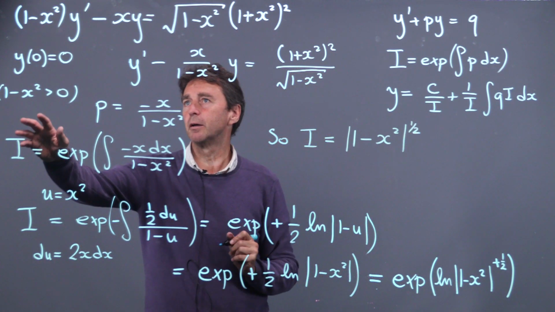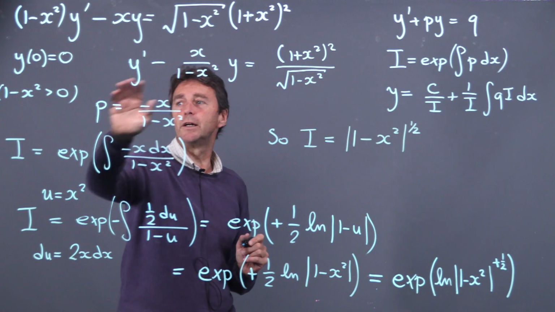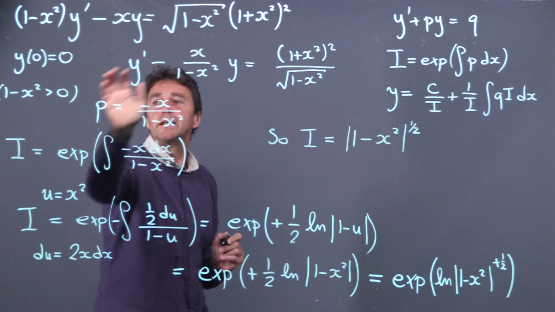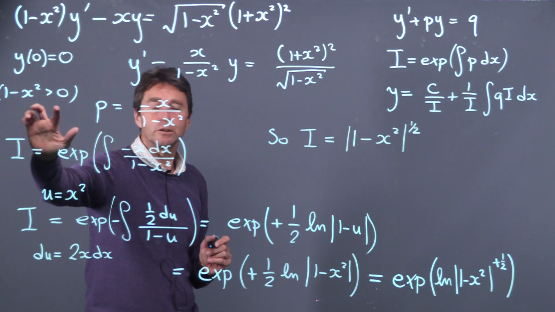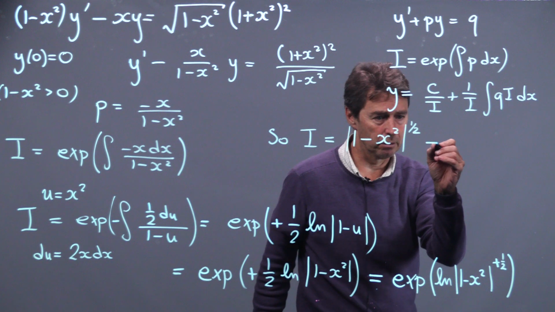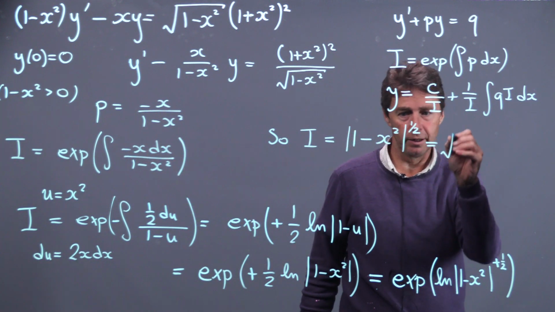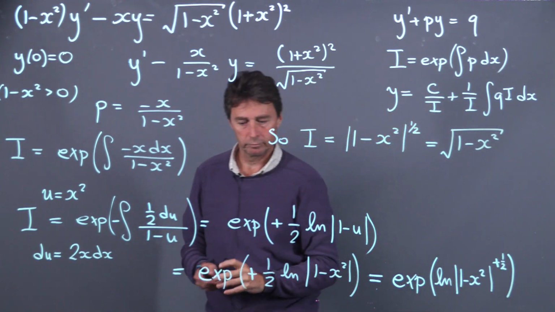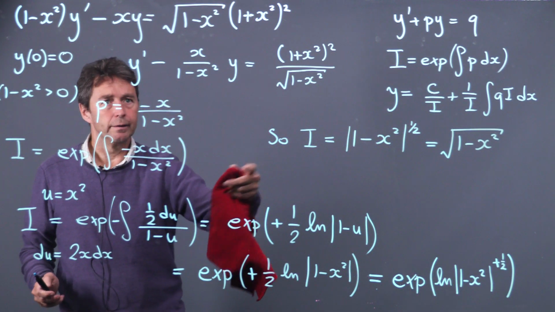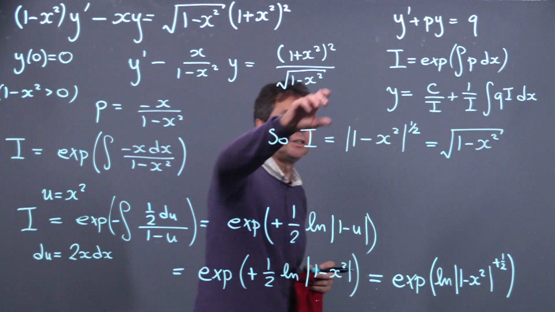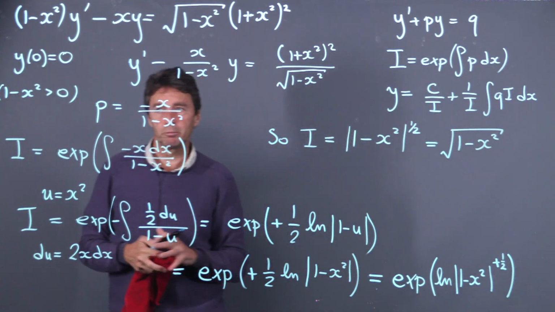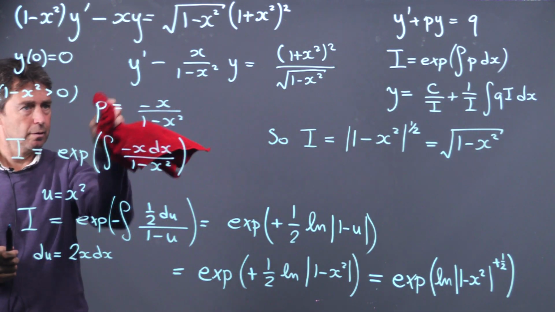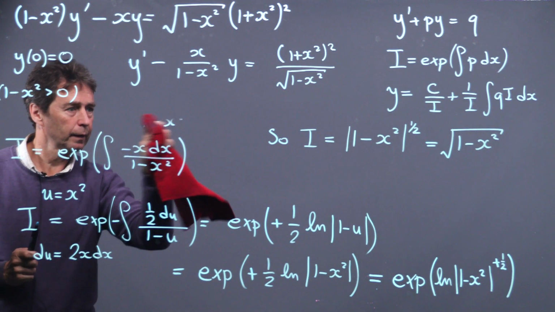Now, back here I observed that in this equation, in order to make sense of it, I'm going to need 1 minus x squared to be positive. So, bearing that in mind, I may as well write 1 minus x squared with a square root for my integrating factor. So that's I. Okay, so we've achieved the first part of the recipe here. Let's press on.